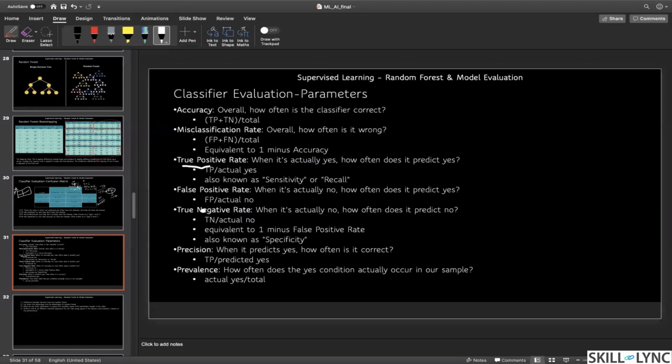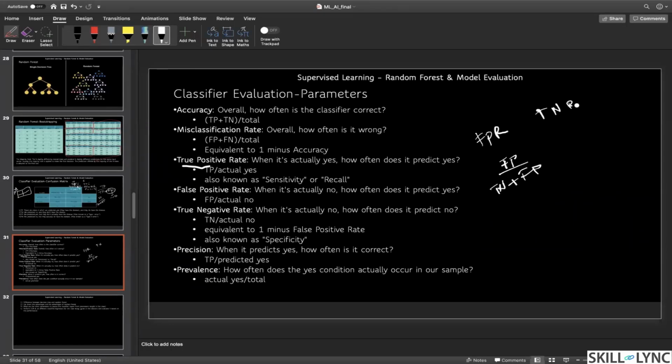Okay. True negative rate. When it is actually no, how often does it predict no? Simple. It is also equivalent to 1 minus false positive rate. Why is it so? Because your false positive rate is false positive divided by true negative plus false positive, right?